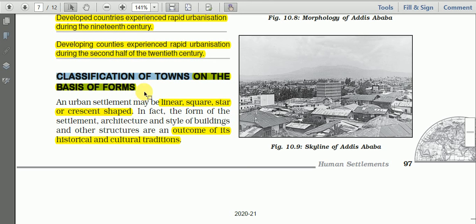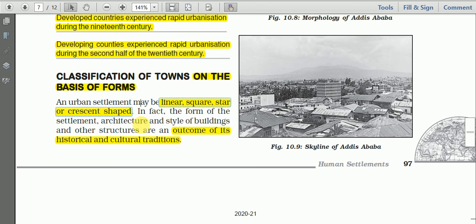We have already discussed the classification of rural settlements on the basis of shapes and forms. Likewise, urban settlements also take geometrical or near geometrical shapes, like linear, square, star, and crescent shape.